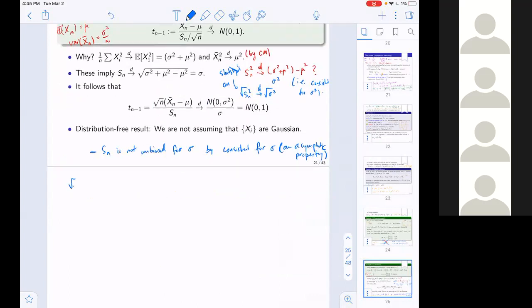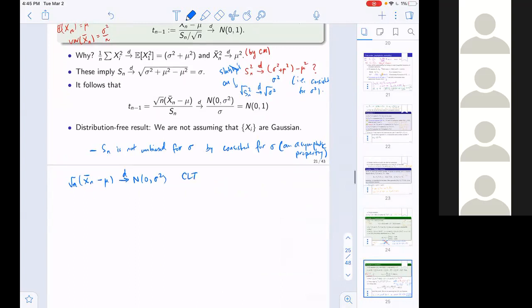So I know that root n times x bar n minus mu converges to normal with mean 0 and variance sigma squared. So this is the CLT. And I also know that S n converges in distribution to sigma from the above arguments.